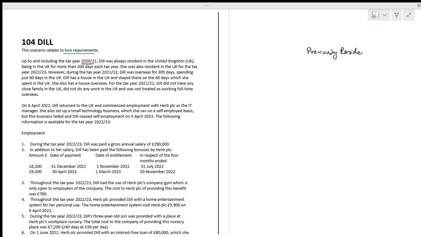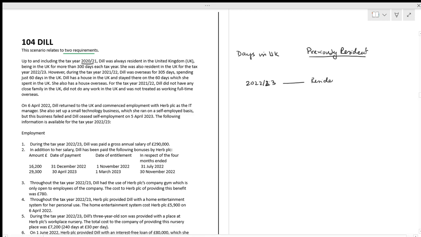What are the conditions you have to take into consideration? We have to consider days in the UK. Dill was always resident in the UK, being in the UK for more than 300 days in each tax year. She was also a resident in the UK for the tax year 2022-23.